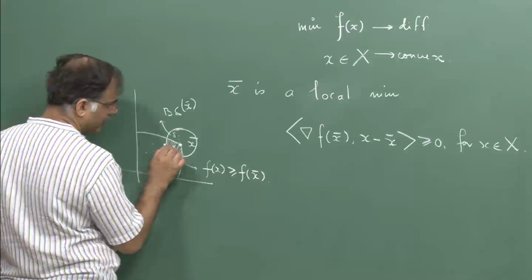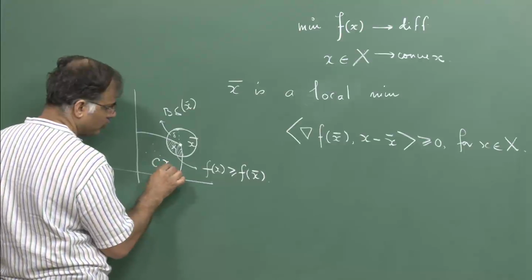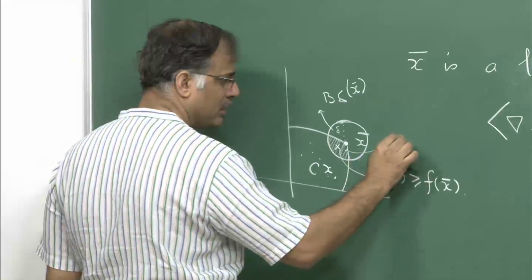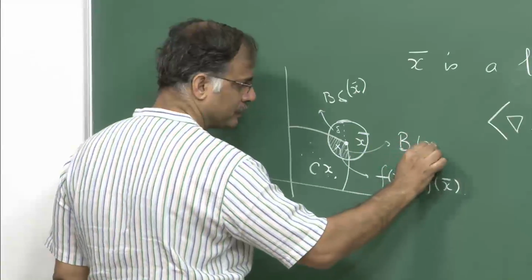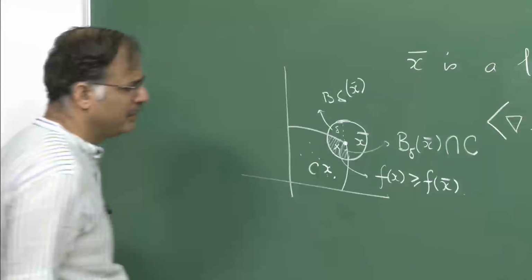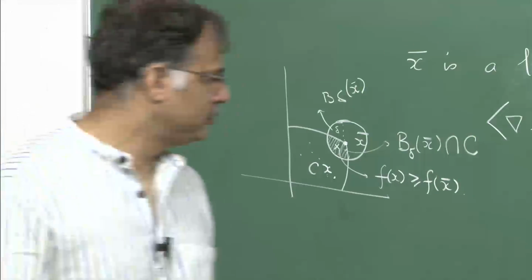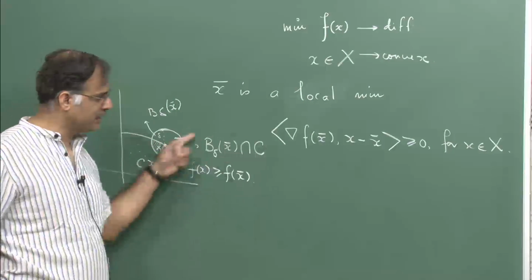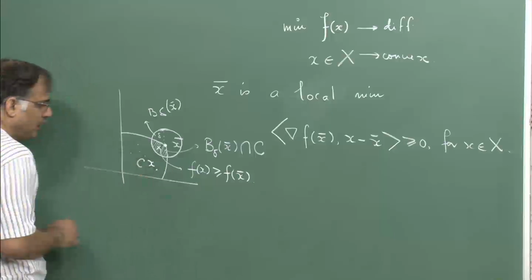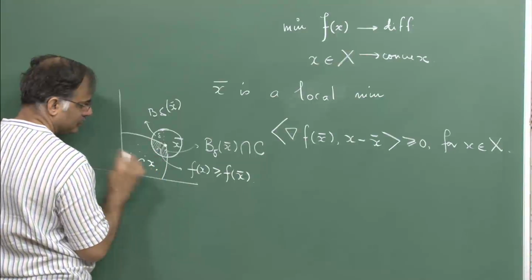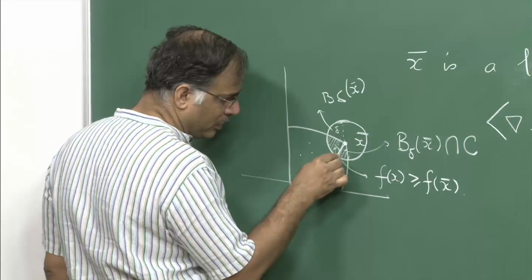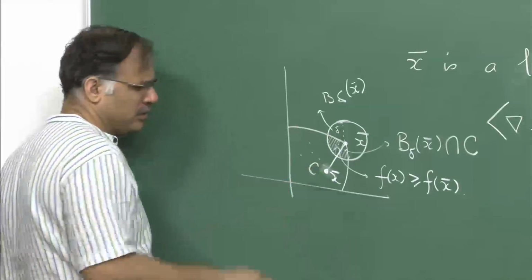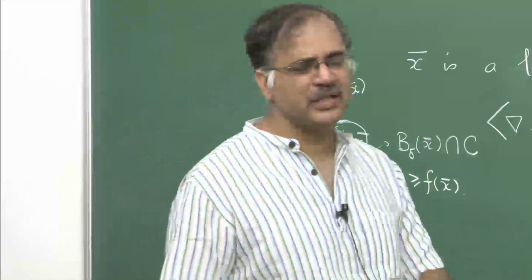Now, if you take any x here which is not in this intersection between the ball and the set, the x bar is a global minimum of f over this particular set, but it is local over C. Now, if you take any x here, then you join this with x bar by a line, which you can do because this whole line would be in C, because the set C is convex.